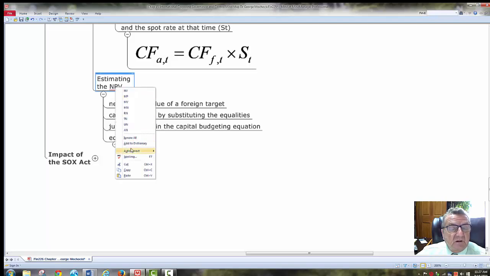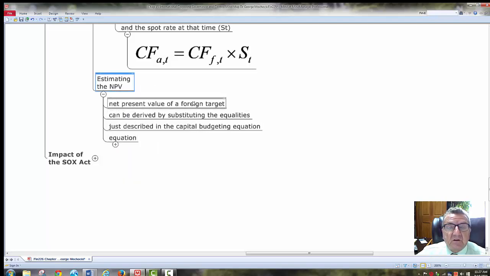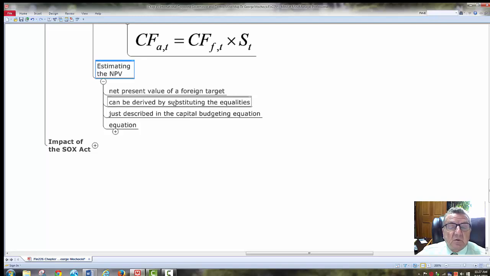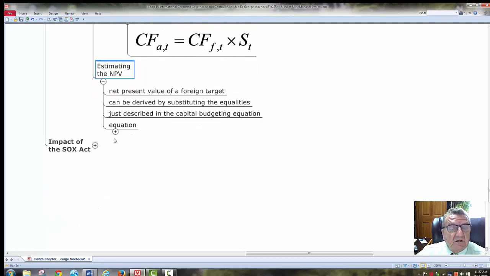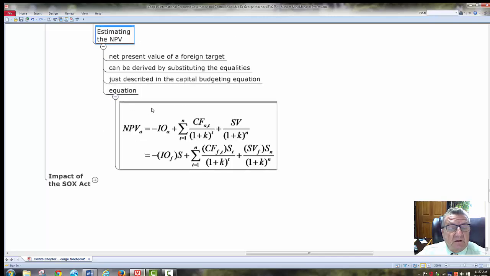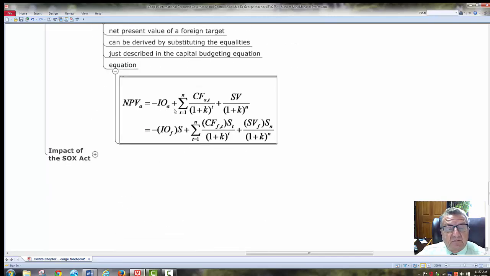The net present value of a foreign target can be derived by substituting the equalities just described in the capital budgeting equation. Okay, so there's my capital budgeting equation, net present value. Look at it.